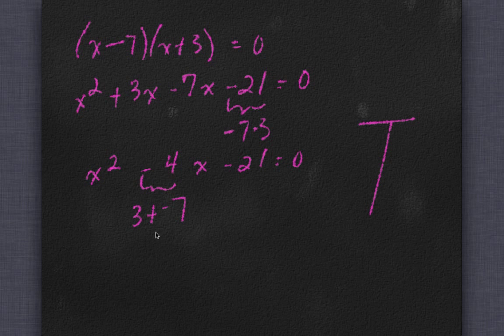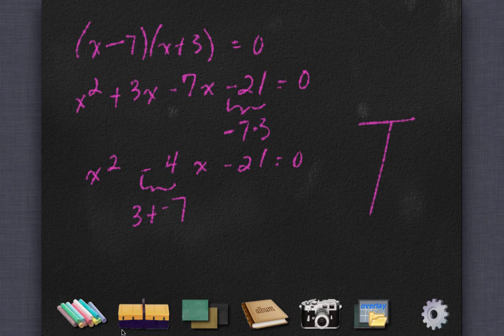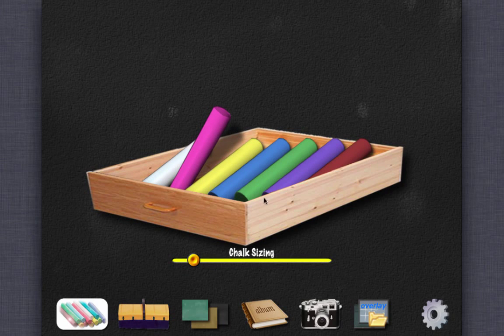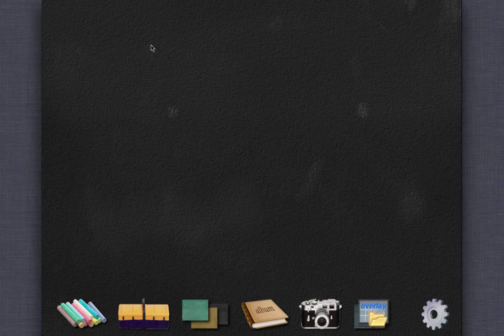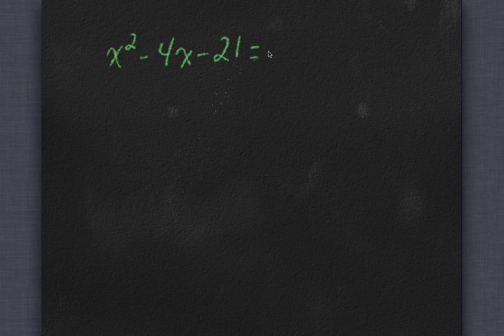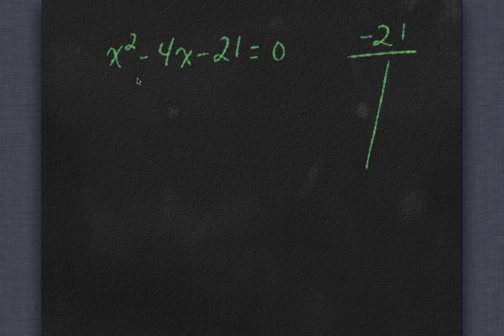So if I'm given x squared minus 4x minus 21 is 0, then I come over here and I want to find the two things which were multiplied together to give -21, and which were added together to give that -4.